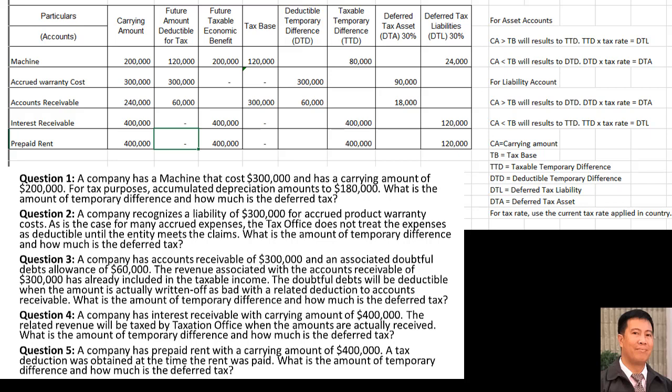So in the eye of IRC, prepaid rent should not exist. This is one complicated discussion. Again, the carrying amount is greater than the tax base, so $400,000 is a taxable temporary difference, multiplied by 30%, and you have deferred tax liability.